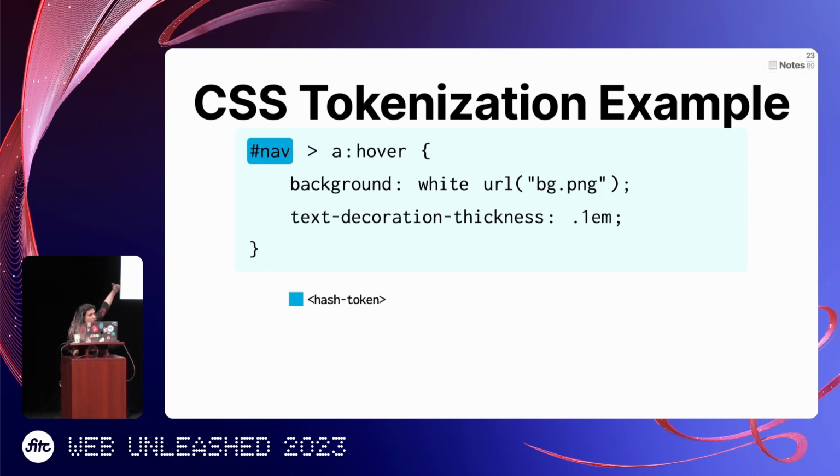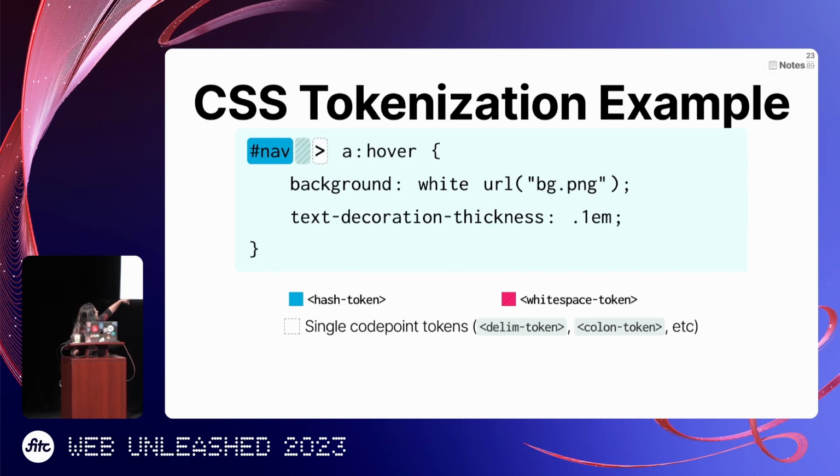We have a hash token. We saw how it was defined. Don't worry about the details too much. Basically, then we have a white space token. There is a bunch of single code point tokens like these, more white space. This is called an ident token. It's going to be very important. It's basically identifiers, like letters, start with a letter or a dash.